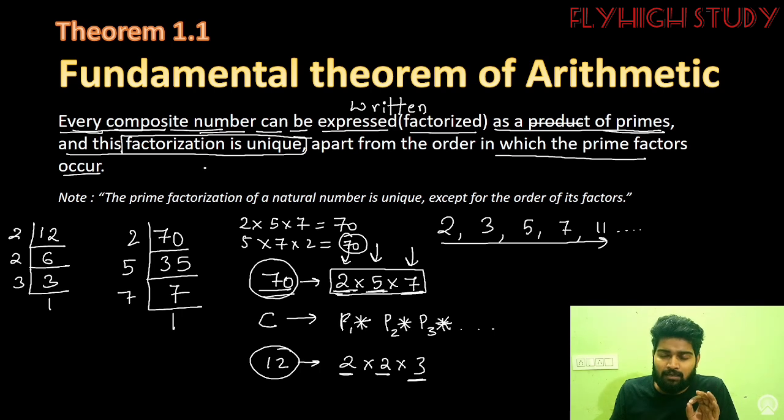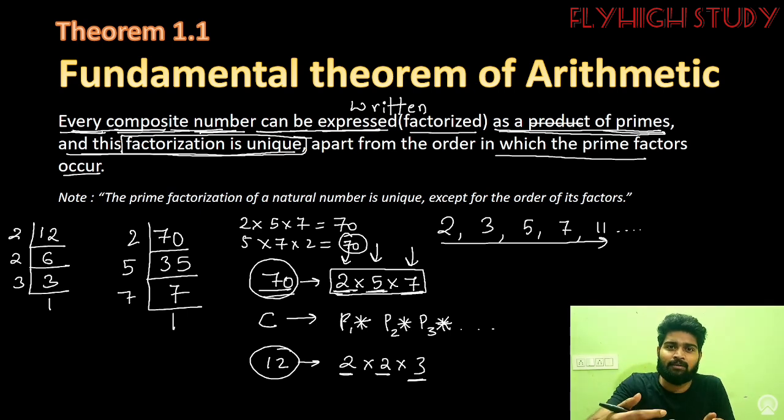Now read the theorem 1.1 carefully. Every composite number can be written as a product of primes, by multiplying prime numbers. And this factorization is unique. The prime numbers you choose to express a composite number, prime number into prime number into prime number, that set is unique.